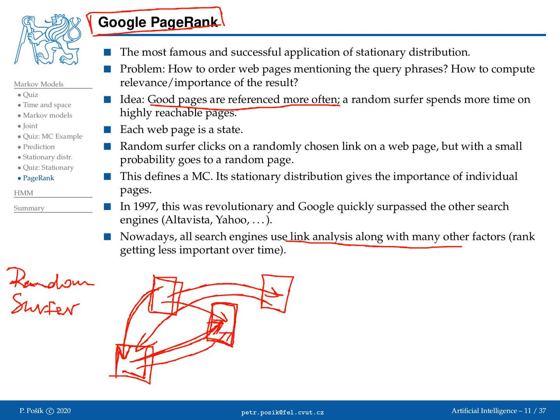Because of that, Google became the search engine that provides the best results. It was not because the others wouldn't provide the same results as Google, but Google was able to order them in a much more useful way for the user.